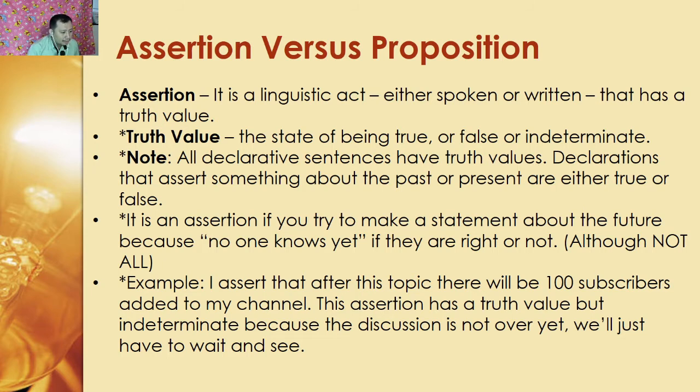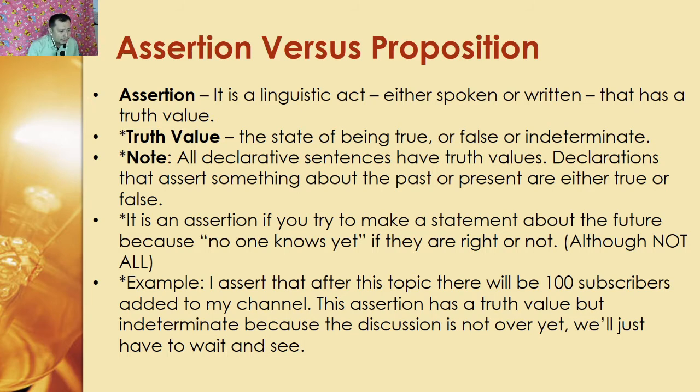Take note that all declarative sentences have truth values. Declarations that assert something about the past or present are either true or false. It is an assertion if you try to make a statement about the future also, because no one yet knows if they are right or not.